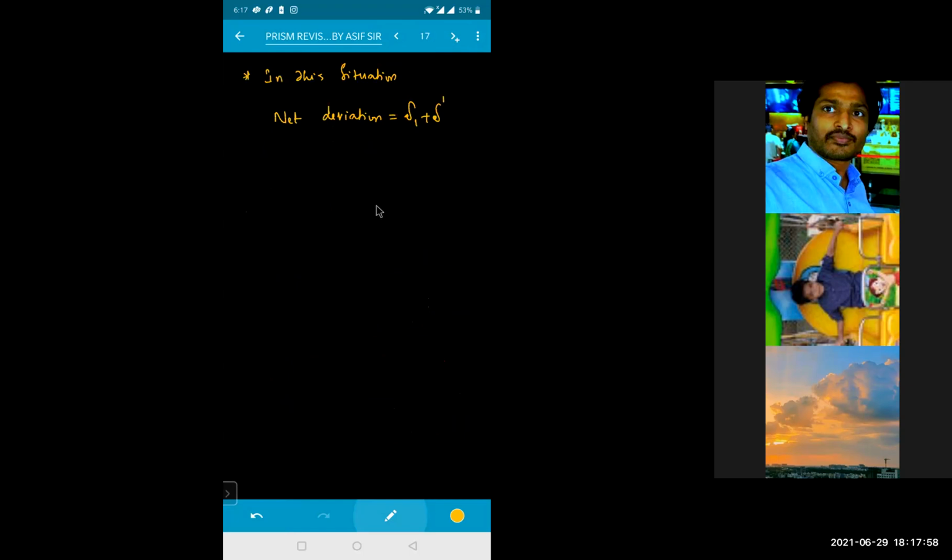Now what is that formula? δ net will be equal to, first prism, (μ minus 1) into A, plus second prism, (μ' minus 1) into A'.